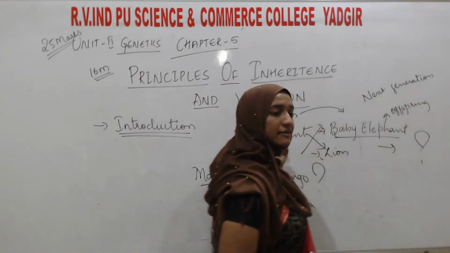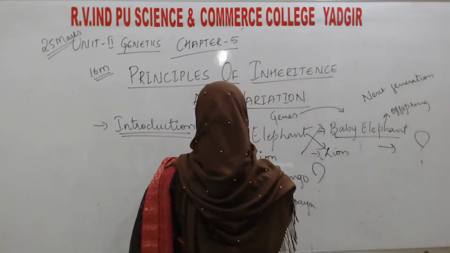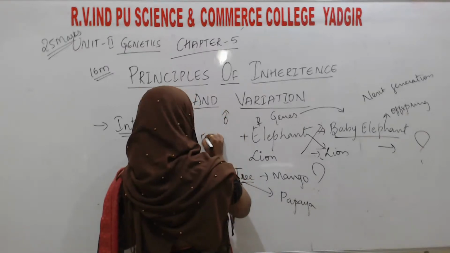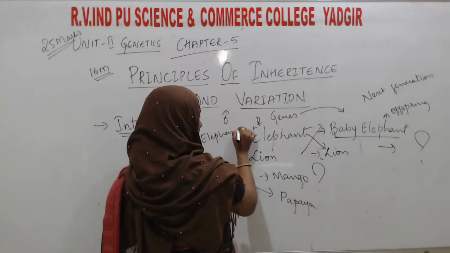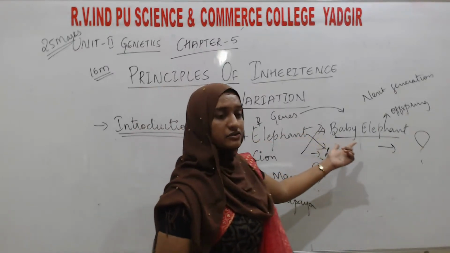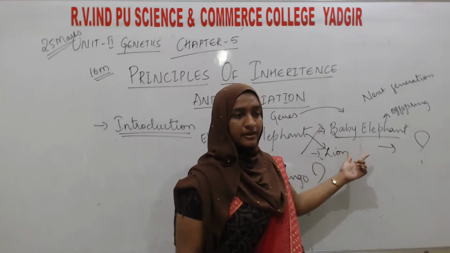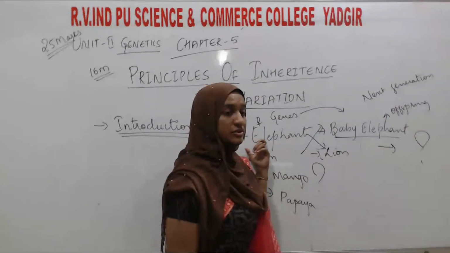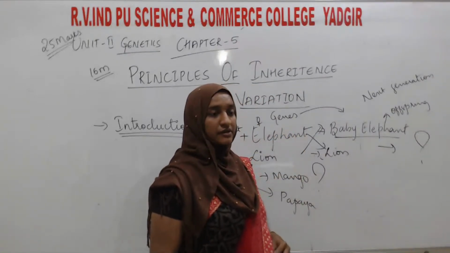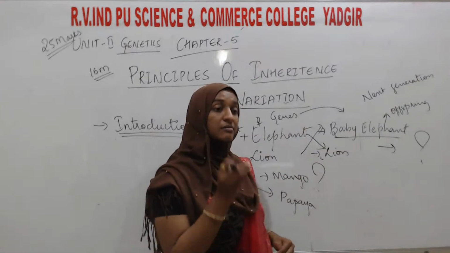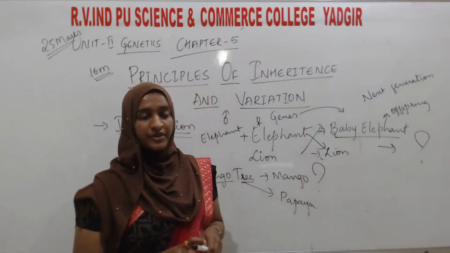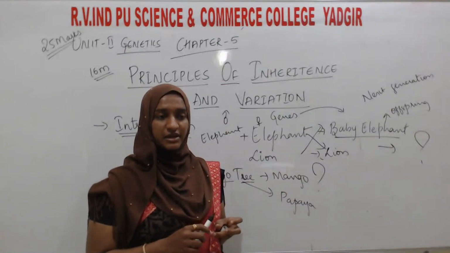So if this is the female elephant, it will mate with the male elephant and they will produce their child. And that child will be somewhat similar to their parents. Some similarities will be there, some dissimilarities will be there. Some characters will be similar and some characters will be dissimilar.